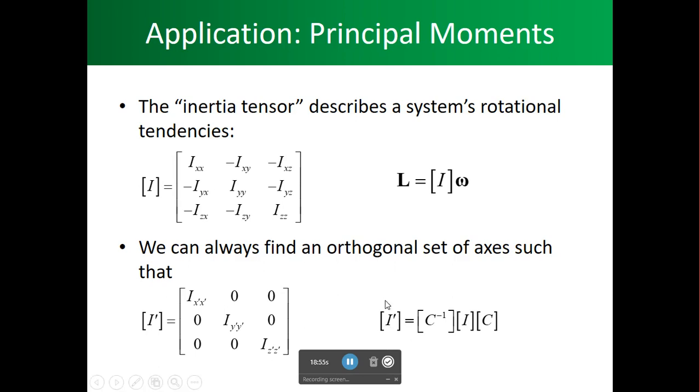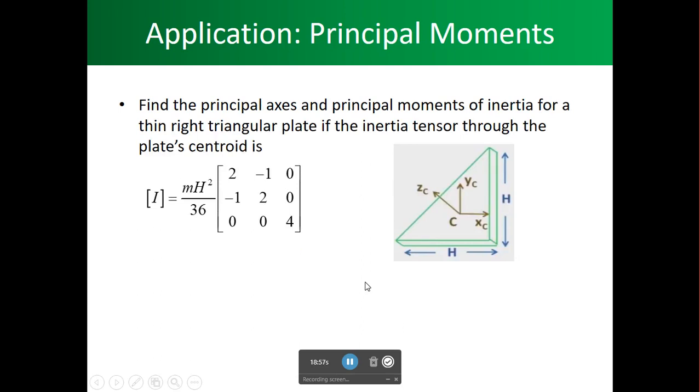And so we would like for you to solve a problem using that. As you can see here, this is symmetrical.